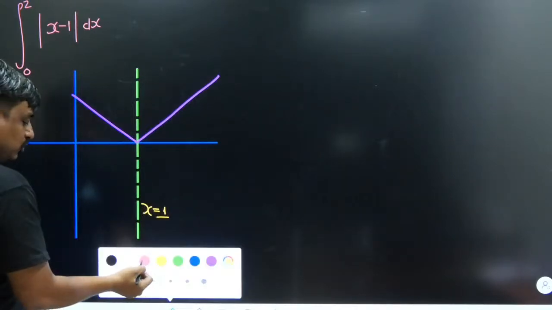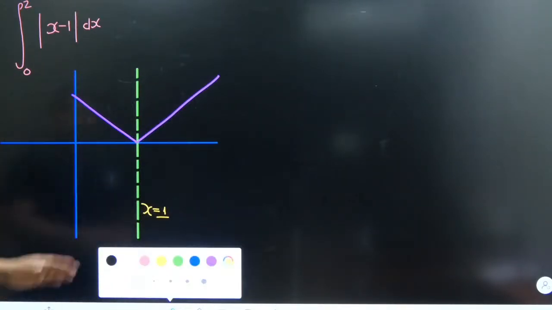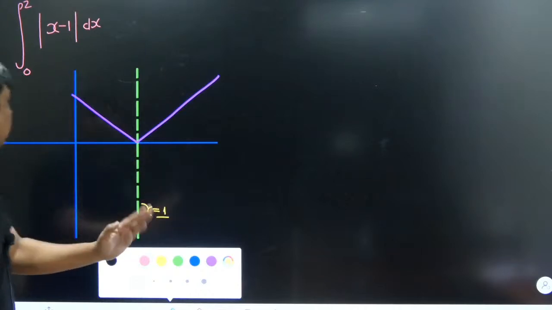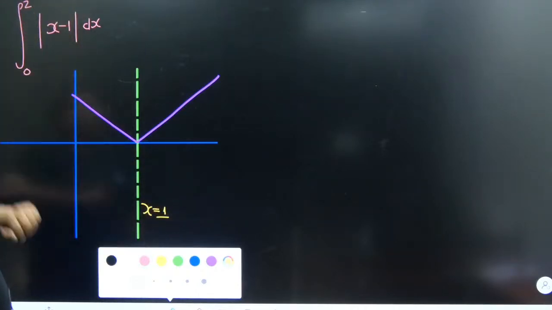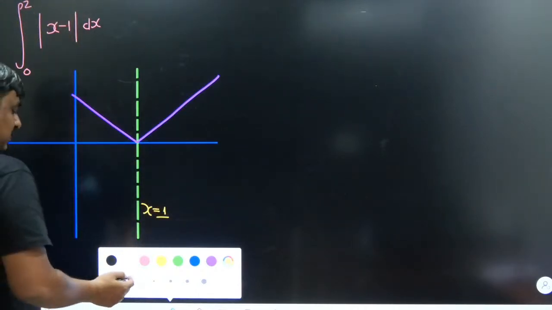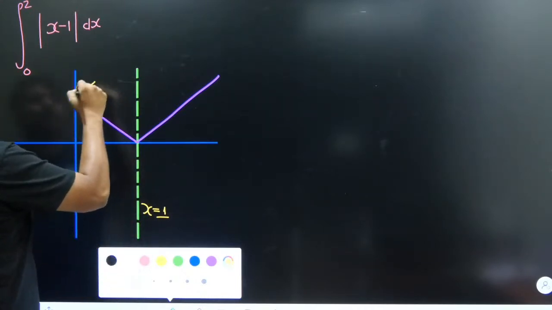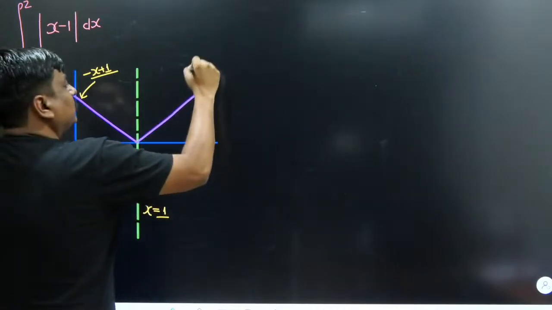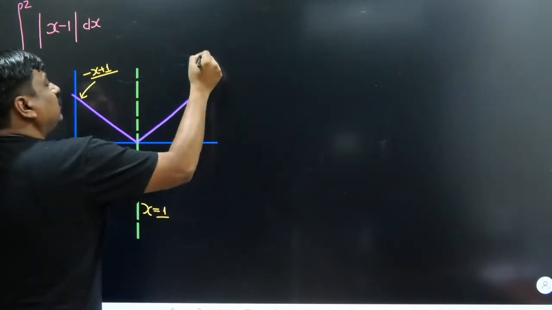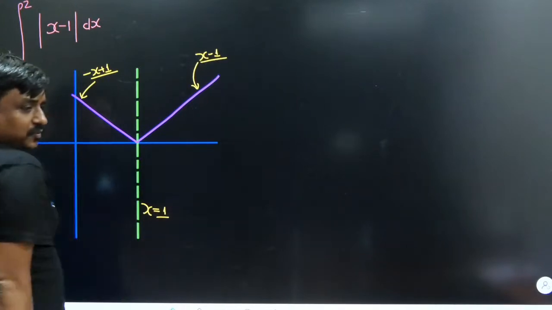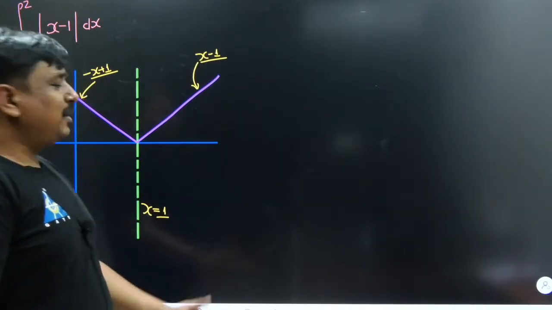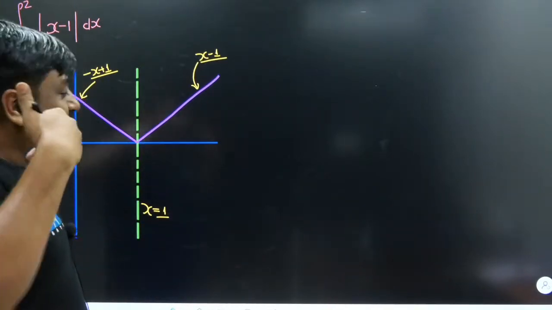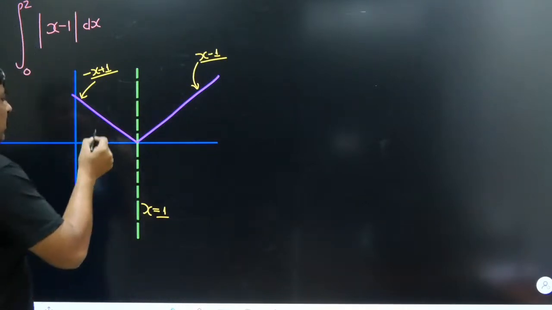If you really want to know how the curve would look like, for x less than or equal to 1, the minus sign is going to get multiplied with x minus 1. The result would be precisely minus x plus 1. And here it's going to be x minus 1. But do you really want to go till that point? I don't feel that it's required at all. Just focus on your limits.